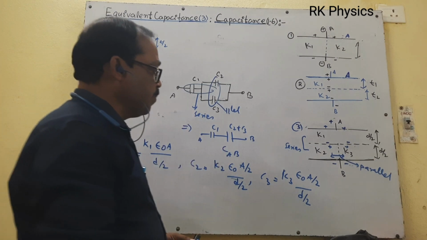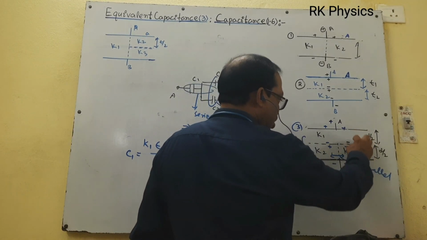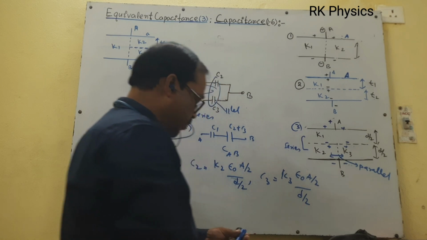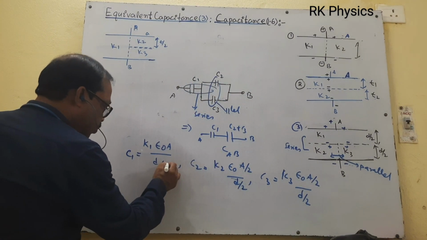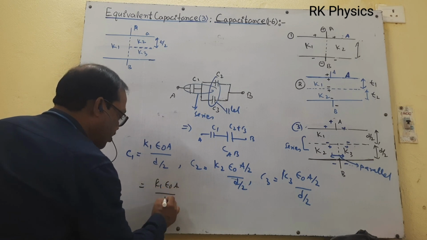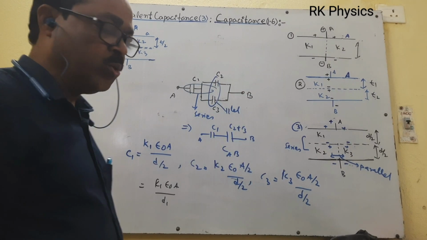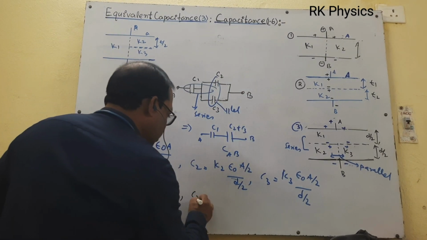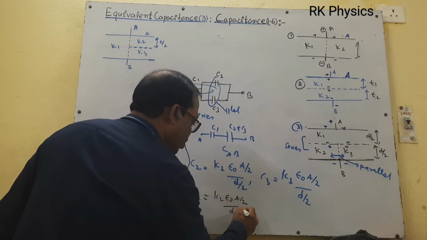Similarly, you can imagine the thickness is not exactly divided. Then you can put C1 equal to K1 epsilon 0 A, where the first thickness is D1. In this case, D1 is D by 2. Then C2 is K2 epsilon 0 A by 2 divided by D2.